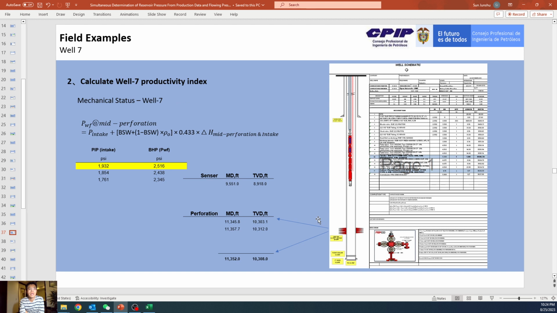Well 7 mechanical status: the sensor is put at 8,918 feet TVD. The mid perforation is at 10,308 feet TVD. Then we could get the delta P between the sensor and the middle perforation.